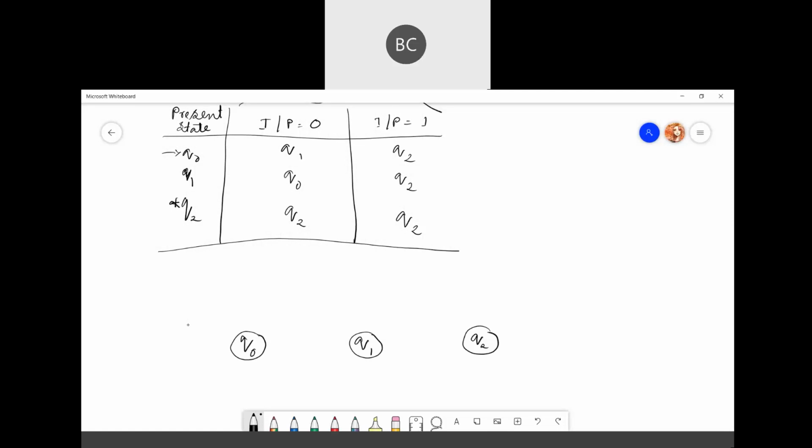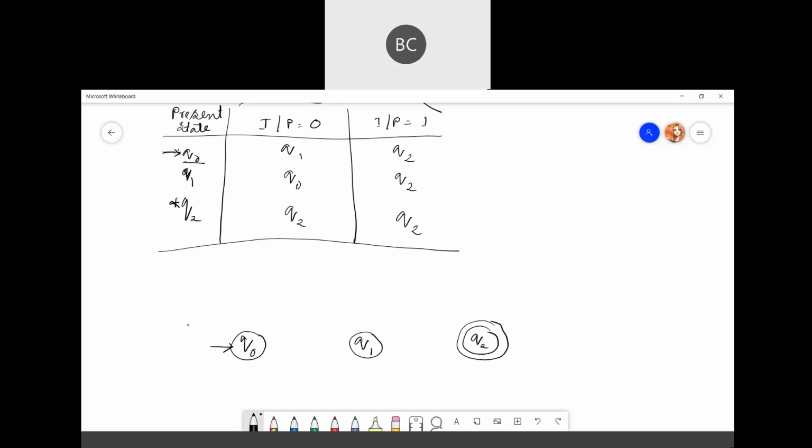First, just write the three states. Now we know Q0 is the initial state because it is indicated with the arrow, and with the star we know Q2 is the final state. So make it a double circle.